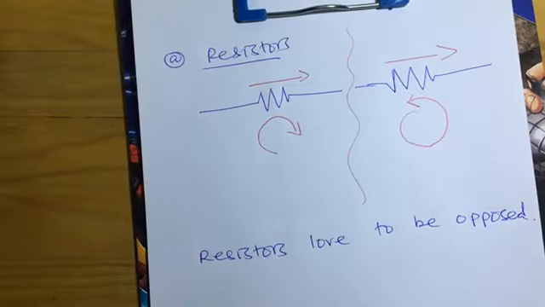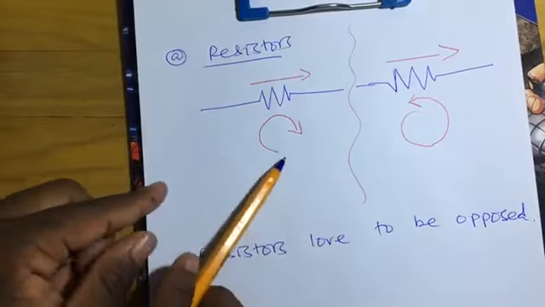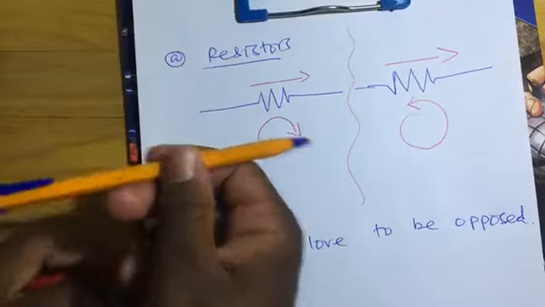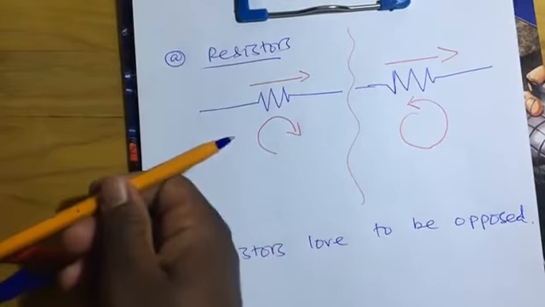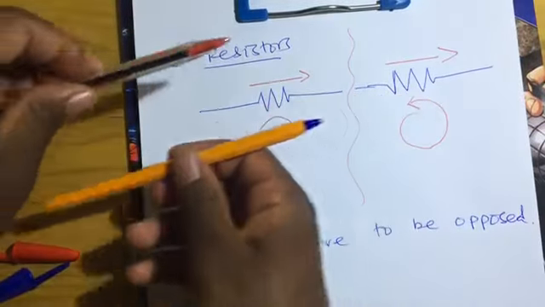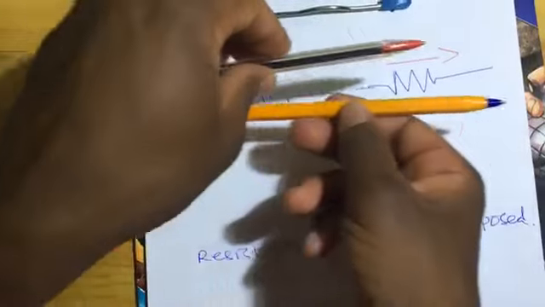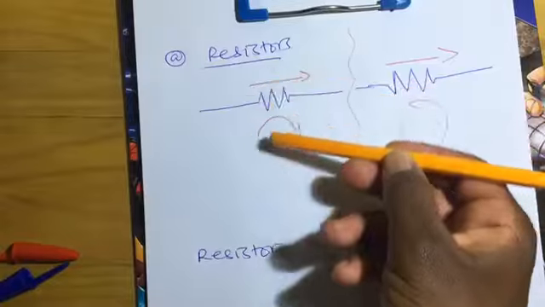Now, here, I need you guys to follow me properly. The loop is going in this direction. The current is also going in this direction. Do you see any opposition here?